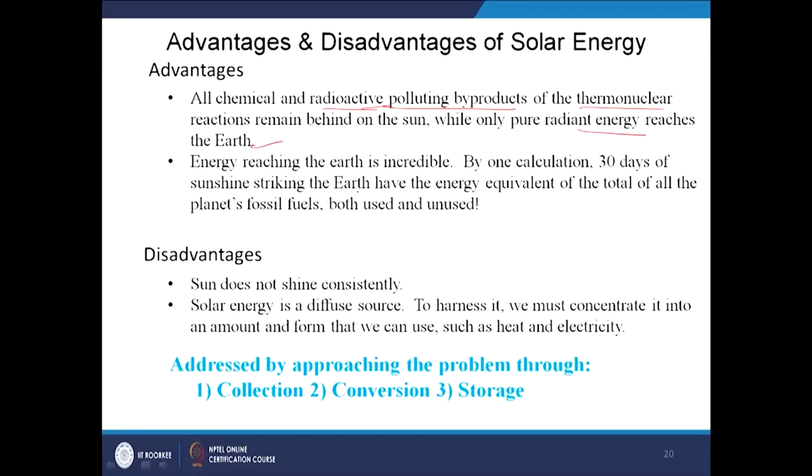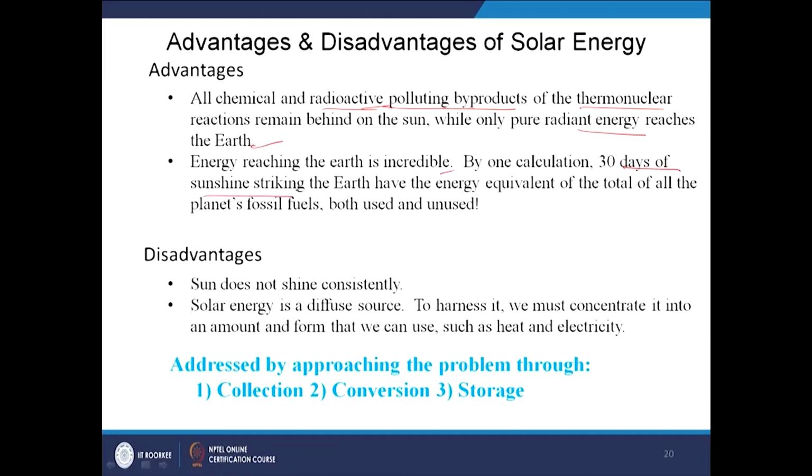That is one major advantage of solar energy, that it is pollution free, and the energy reaching the earth is incredible, a huge amount. A calculation says that 30 days of sunshine striking the earth have the energy equivalent of all the planet's fossil fuels, both used and unused. So, these are the advantages of this process.